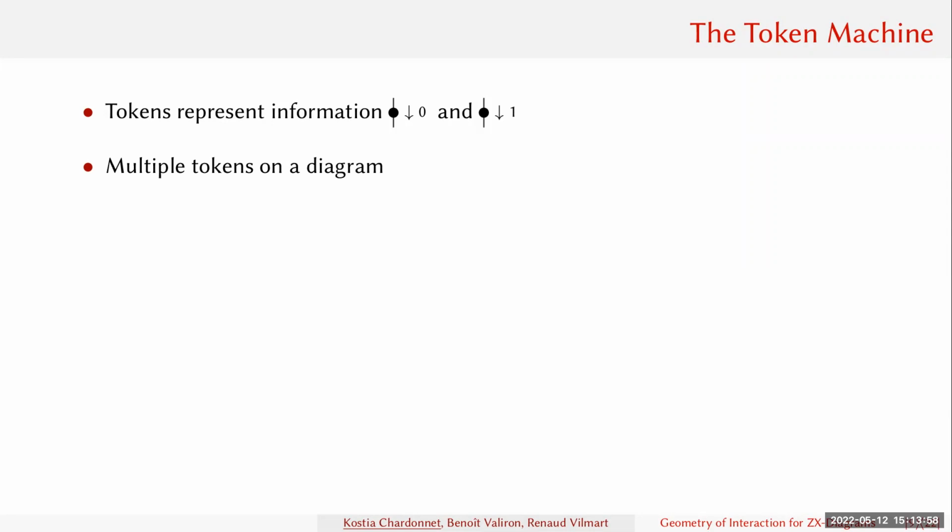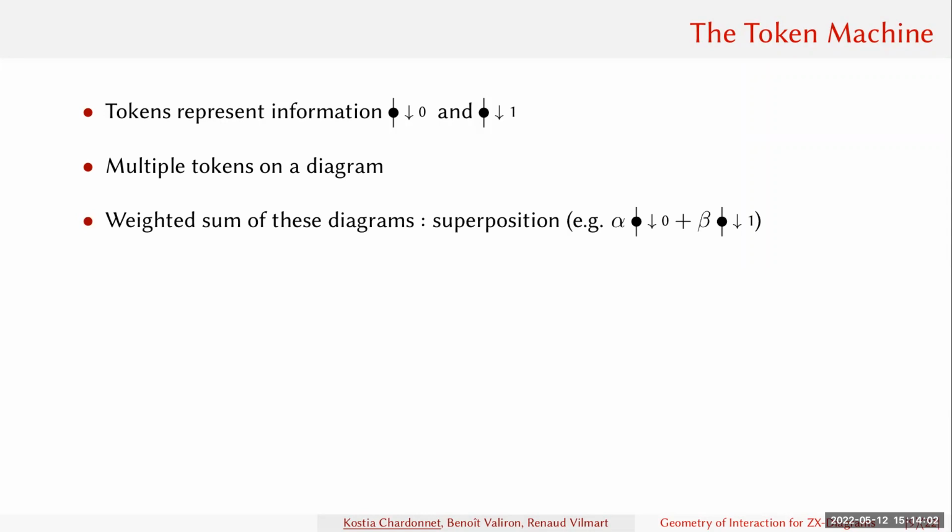The product represents the fact that you have multiple tokens on a single diagram, and you can have a weighted sum of diagrams, which represents superposition. So for instance, here you can have alpha times the diagram with a token in 0, plus beta times the same diagram with the token in 1.